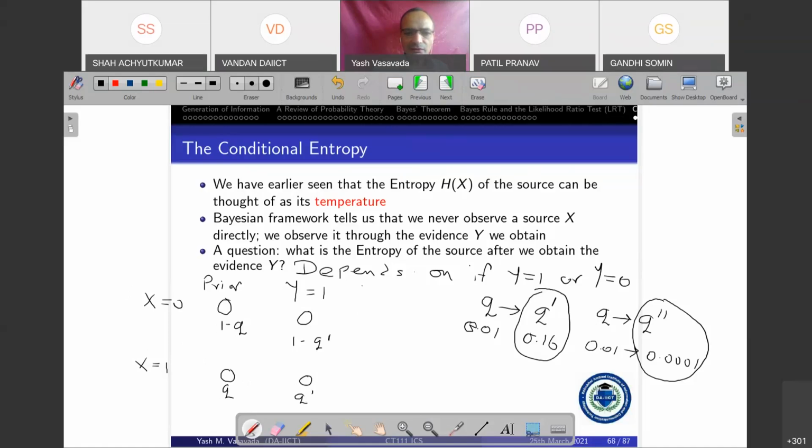And if we get y equal to 0, then this becomes 1 minus q double prime, and this becomes q double prime. So the answer to this question is, it depends on whether we get y equal to 1 or y equal to 0. If we got y equal to 1, then what will be the entropy of the source?